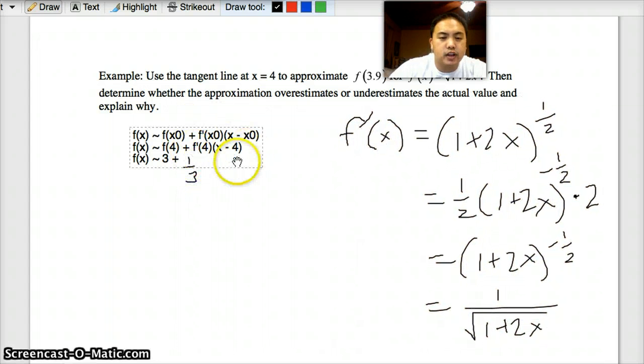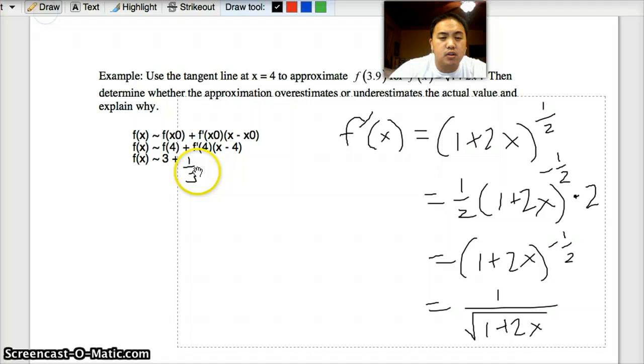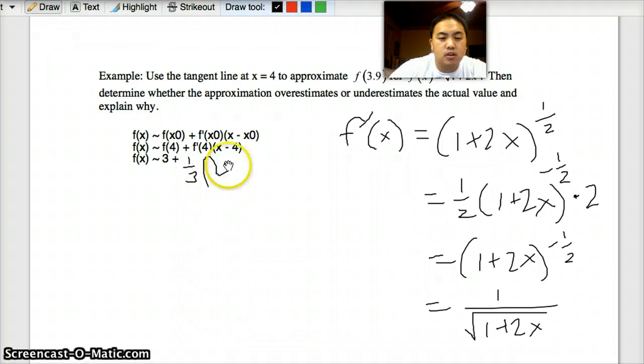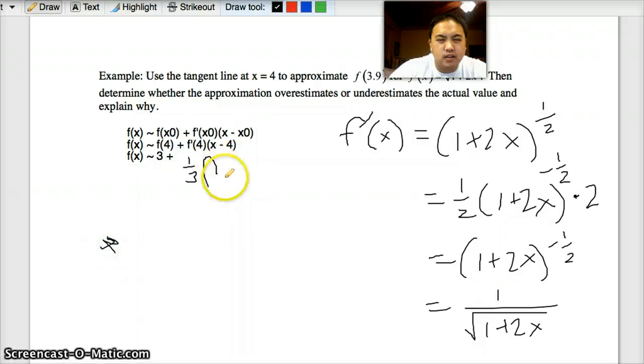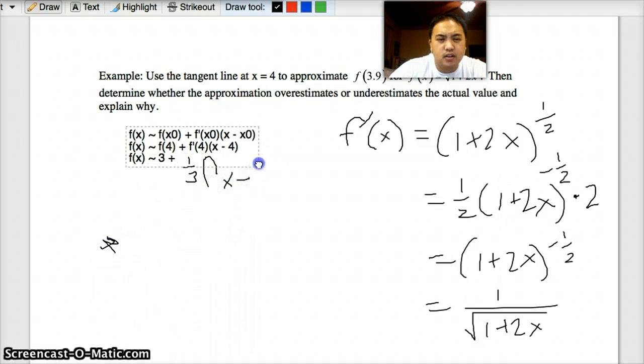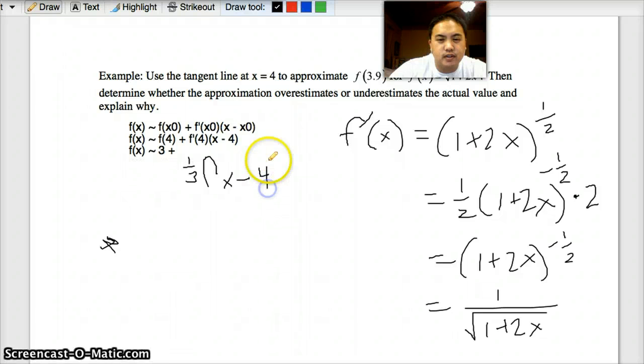And then I get x minus 4. So remember, I get 1/3.